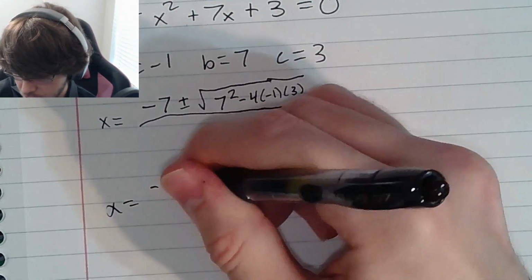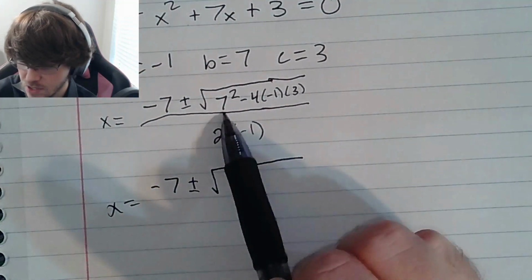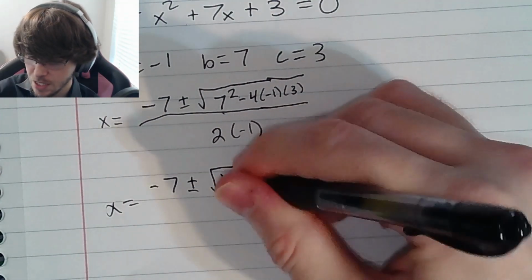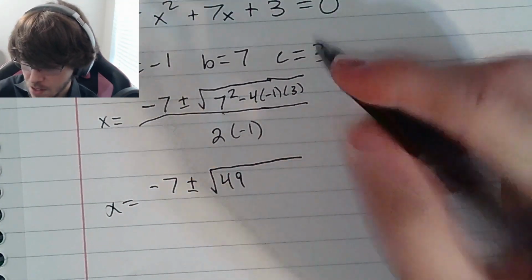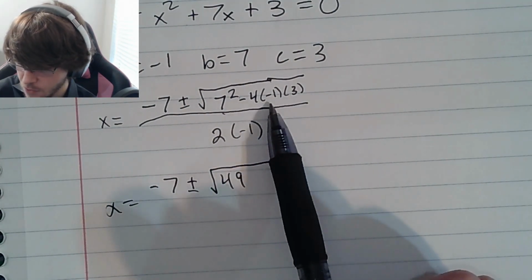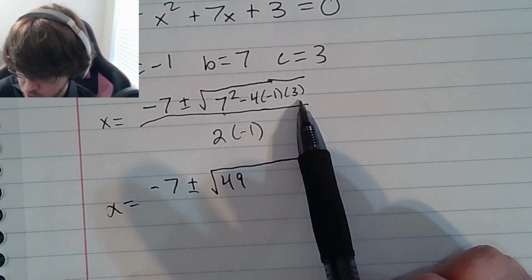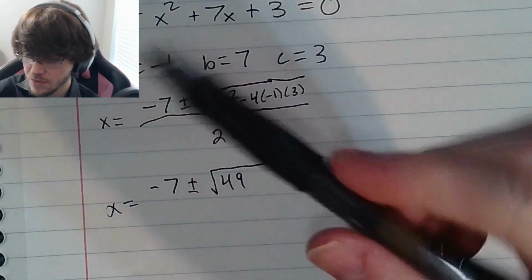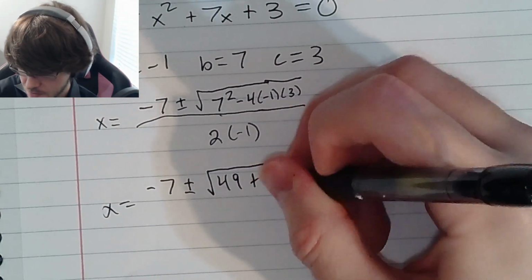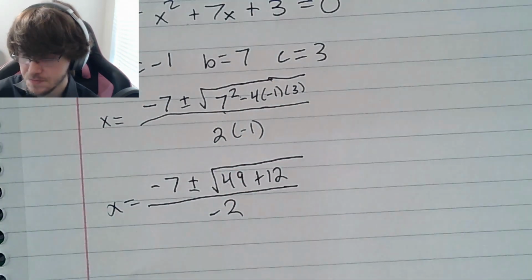X equals negative 7 plus or minus the square root of 7 squared, 7 times 7 is 49. And this guy is 4 times negative 1 is negative 4. Negative 4 times 3 is negative 12. Minus negative 12 is plus 12. All divided by negative 2.